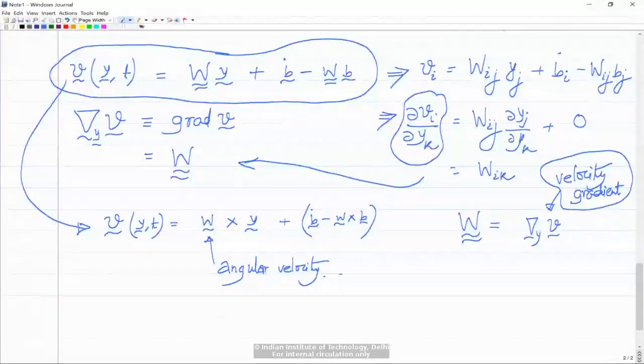Deformation gradient was mapping the deformed line element and the undeformed line element. It was present in the formula of stretch, of angle change, and of volume change. You'll see that the velocity gradient will be present now in the formulas for the rate of change of those quantities. So it's an extremely important quantity, the velocity gradient.